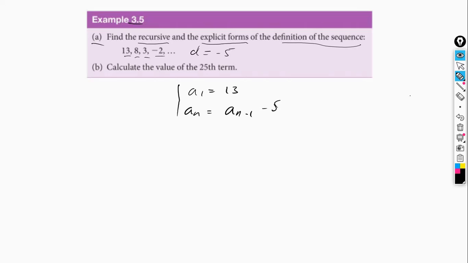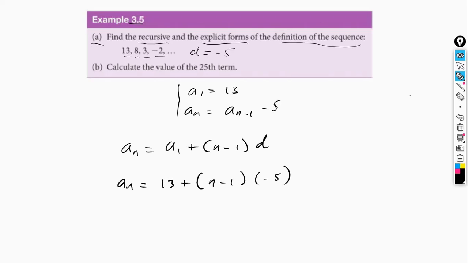Then the explicit form is the one we saw before, where a sub n equals the first term plus n minus 1 times the common difference. Here the first term is 13, plus n minus 1, and the common difference is negative 5. From here we get 13 minus 5n plus 5.